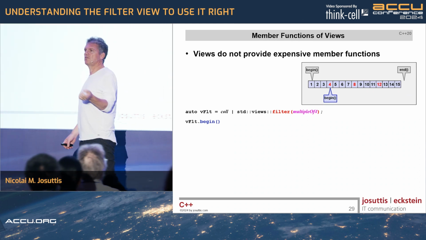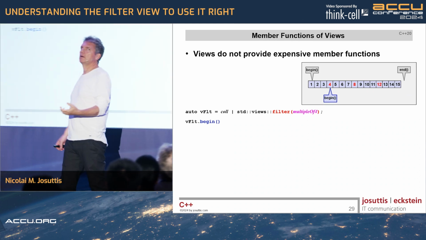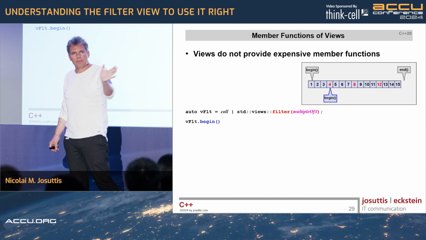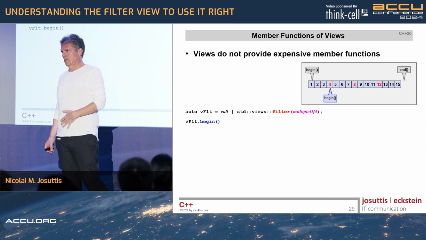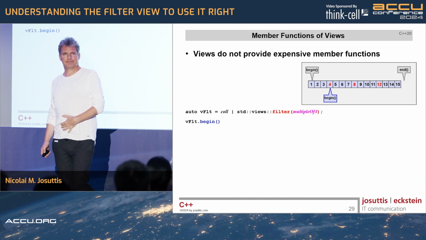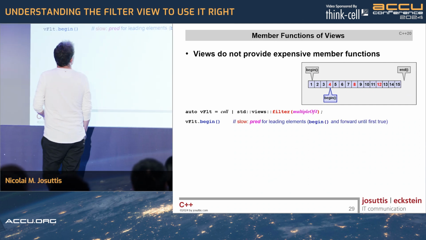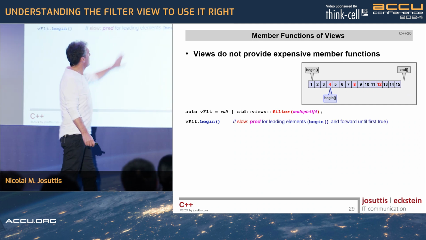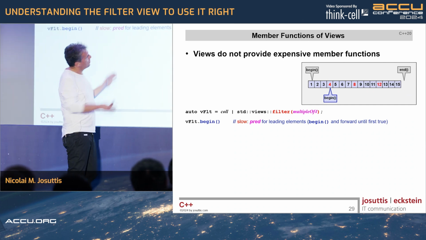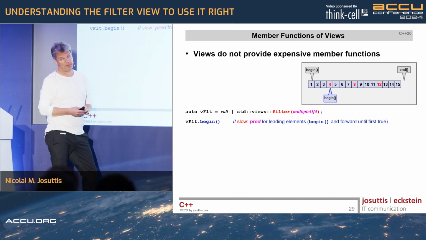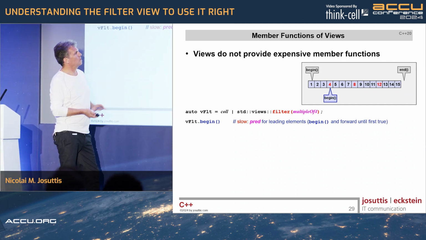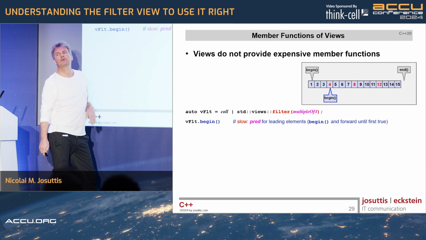So the more elements you have in the container, the more time it might take to call begin. So we are slow. We have to compute the predicate for all leading elements, for all elements that do not fit. So call begin and forward until you reach the first true. That's roughly what we implement here.